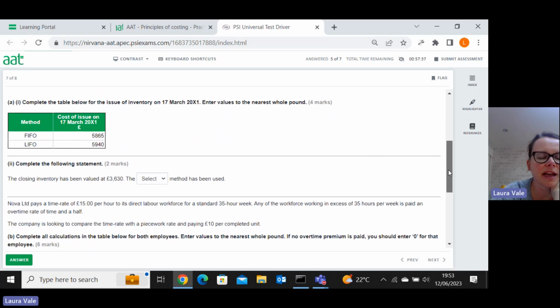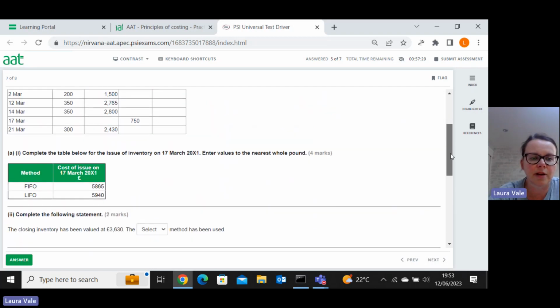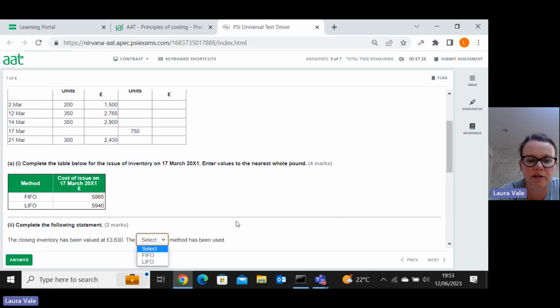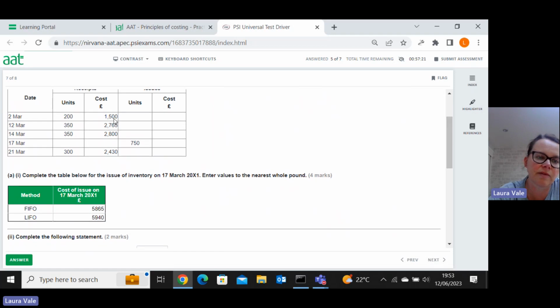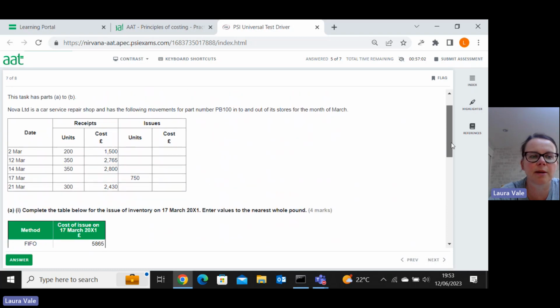So the closing inventory has been valued at 3,630. So let's see what it looks. Is it FIFO or is it LIFO? Right, so the closing inventory would be the cost of everything. So let's add it all up. 1,500 plus 2,765 plus 2,800 plus 2,430, because assume this is the closing inventory at the end of March now we're talking about.